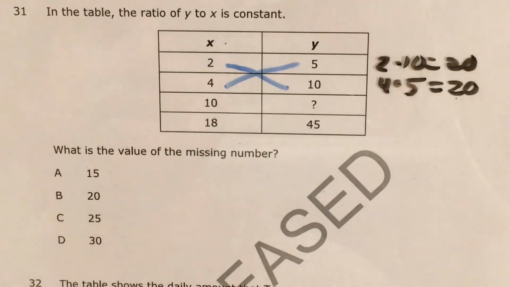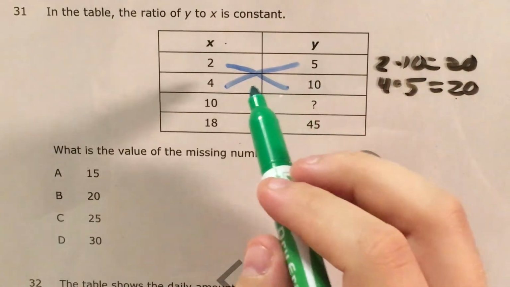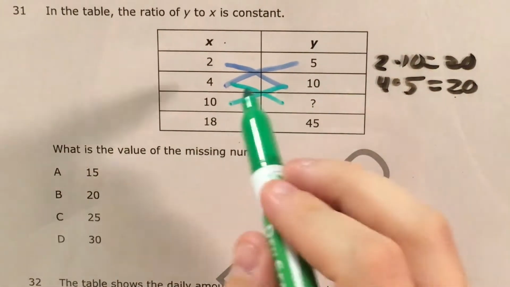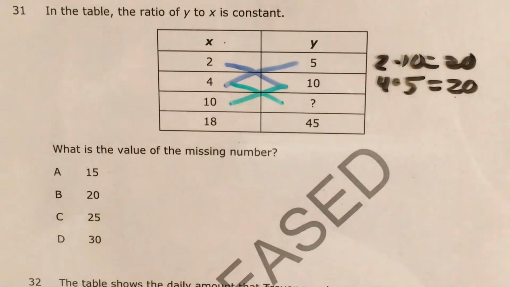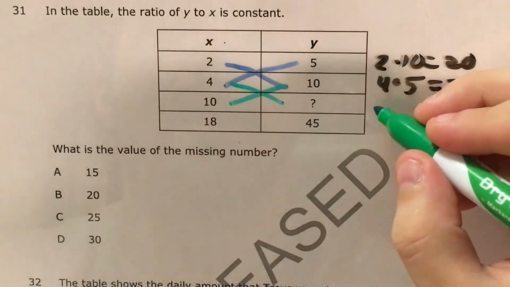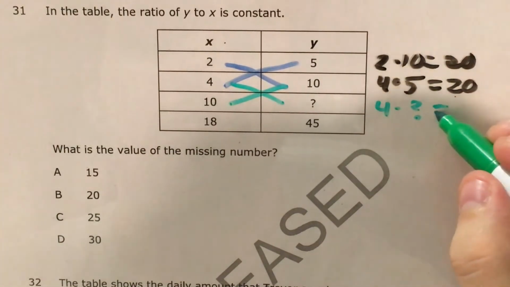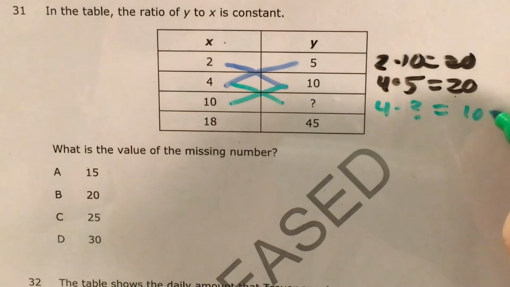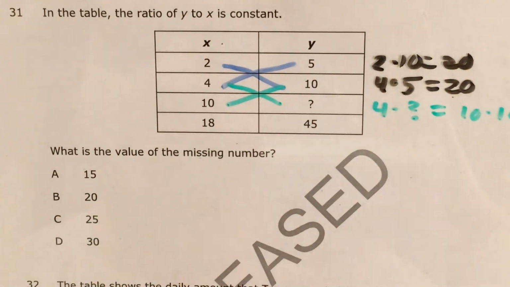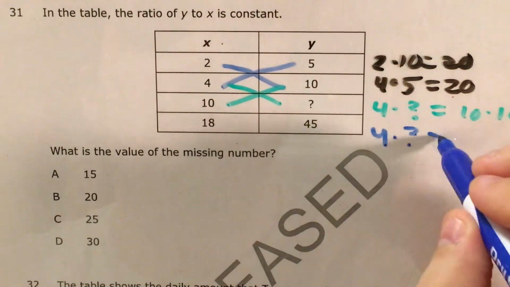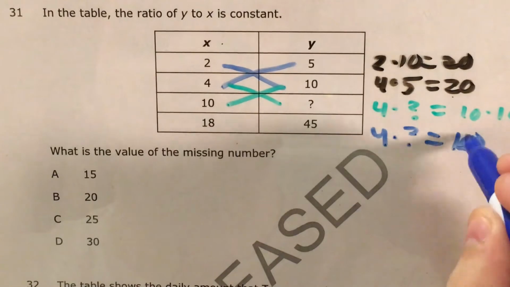And so now I'm going to go ahead and do another cross multiplication to find my unknown number. And I'm going to say that 4 times something, I don't know what it is, but I know that it's equal to 10 times 10. And now whether I use my times tables or my calculator or whatever, I know that 10 times 10 equals 100.